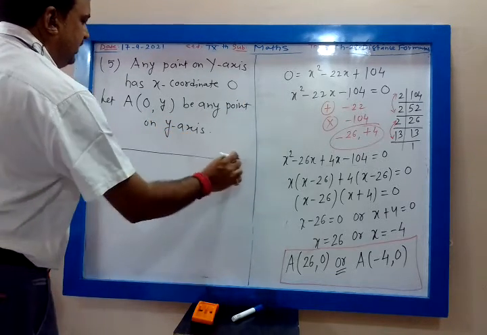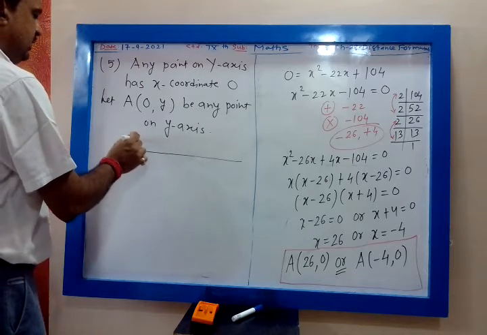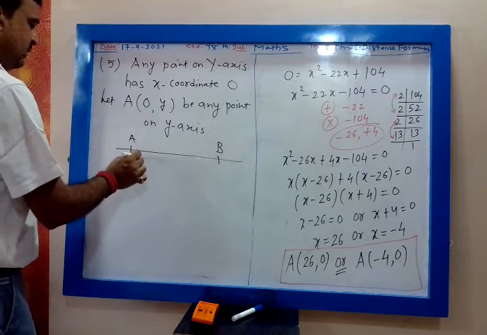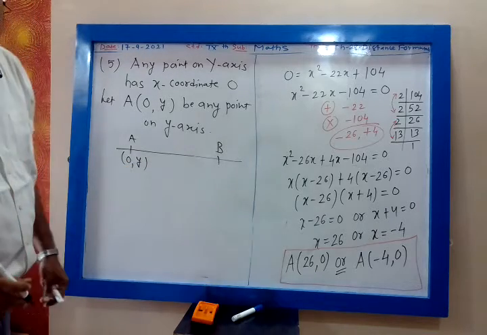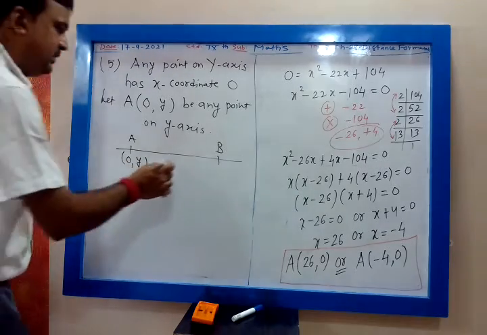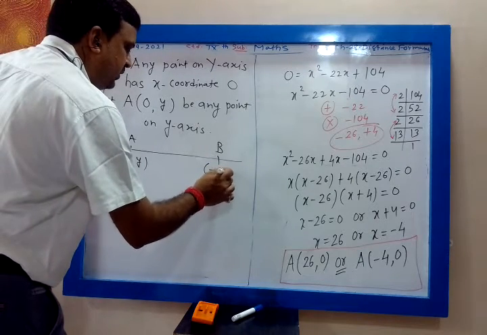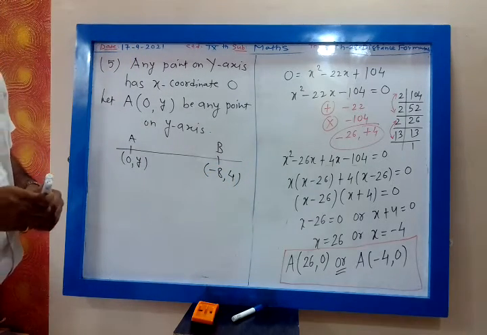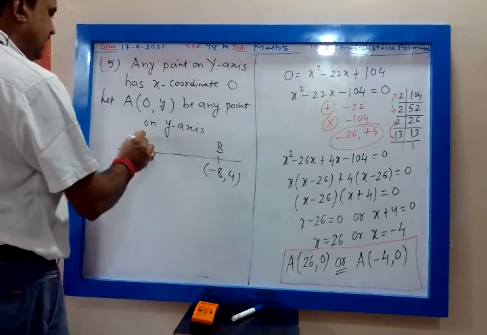Now you are given A and B. A is (0, y), any point on the y-axis, and its distance from B (minus 8, 4) is 10. The distance of point A from B (minus 8, 4) is 10. AB is given 10.